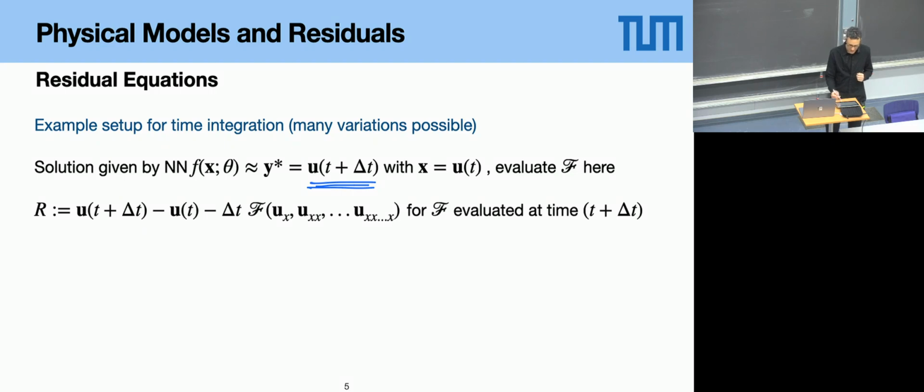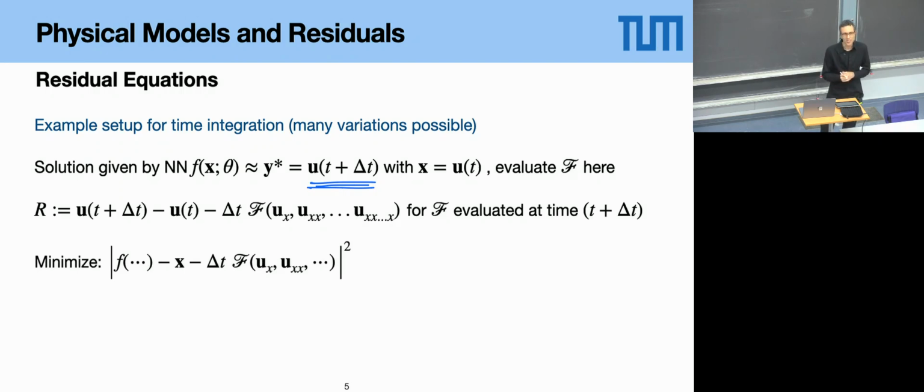If you think about it, this is directly something you could potentially train with. Now we have an expression. We know if our solution is correct for the physics, this should be 0. So we can directly turn this into a learning goal. We take this expression. We know our f, as still highlighted up here, produces the next time step.